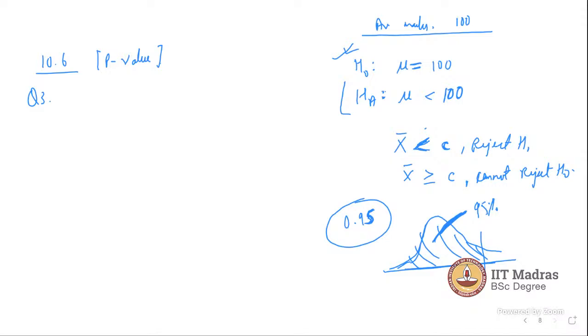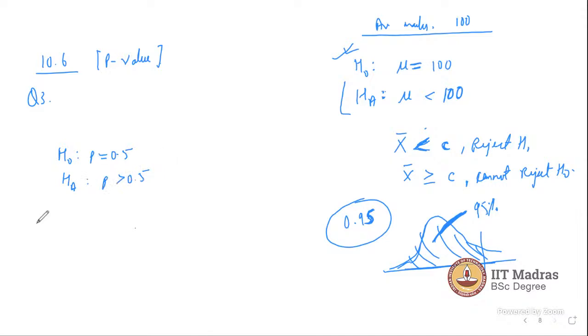So the problem statement was 10.6. You have a coin and you would like to check whether the coin is fair or biased. So P is the probability of heads and the null and alternative is given to you. Coin is tossed 100 times and we observe 55 heads. So H0 is P equals 0.5. Alternative is P is greater than 0.5.